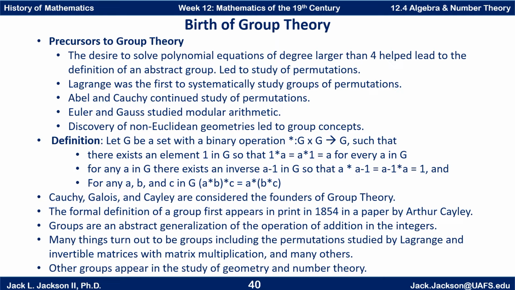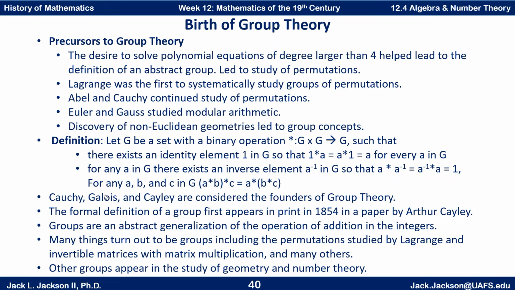And for any A in G, there exists an inverse, A inverse in G. Let me fix some things here. Okay, now the notation is a little better. So this is an operation that's closed in G. There's an identity element, which I'm going to just call 1, so that when you operate A with 1, or 1 with A, whatever that operation is, you get back A again.